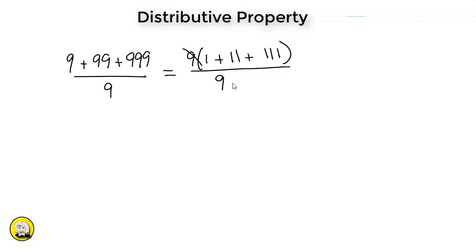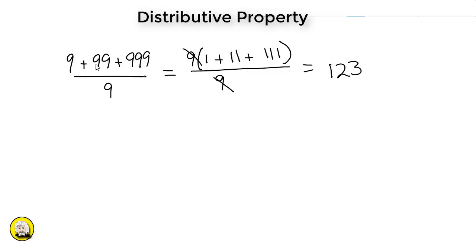I can simply cancel terms in this case. And my result is 1 plus 11 plus 111, which is 123. Without a calculator, the distributive property has helped me see a hidden 9 in the product of every term and evaluate the expression.